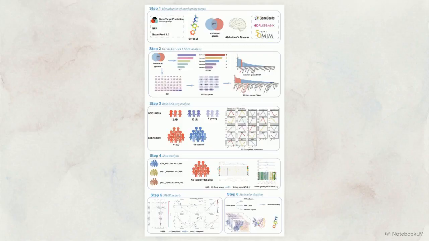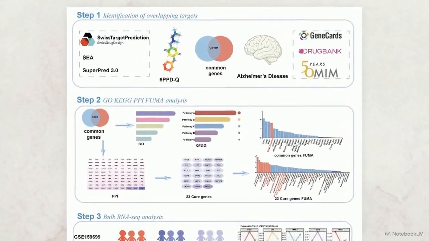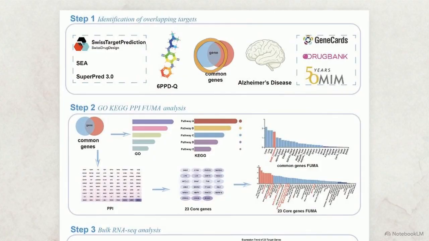This schematic details the study's methodology, a rigorous 6-step in silico pipeline designed to filter thousands of biological variables down to specific targets. The researchers started by mapping the predicted targets of 6-PPD-Q directly against known genetic databases for Alzheimer's disease.